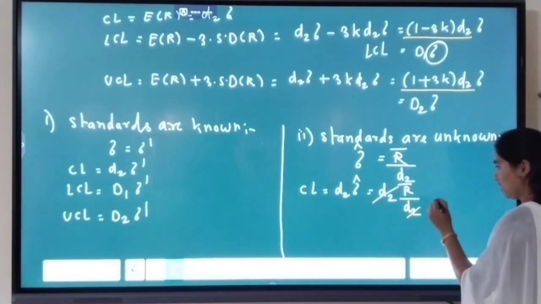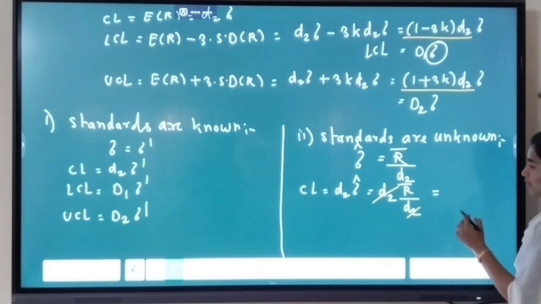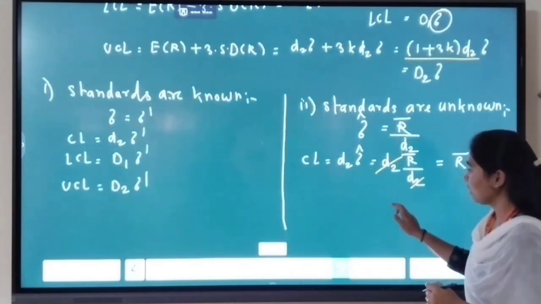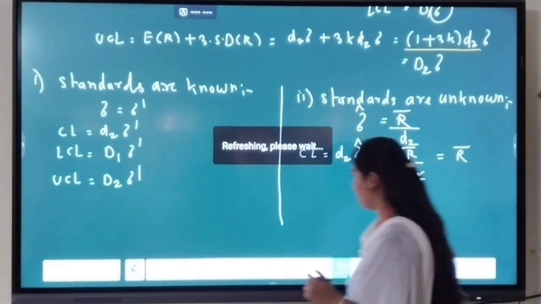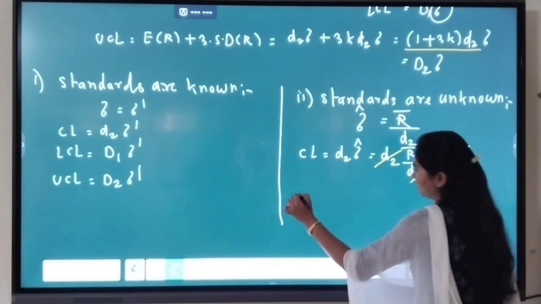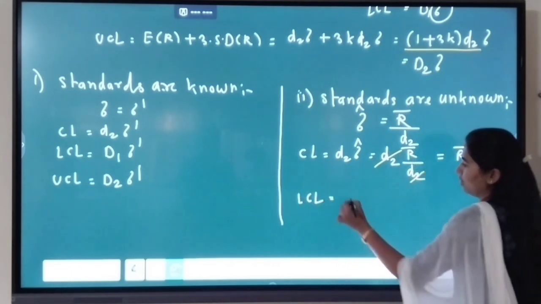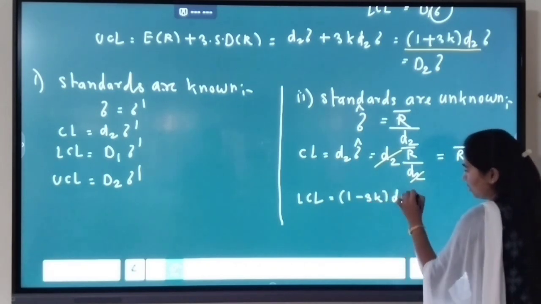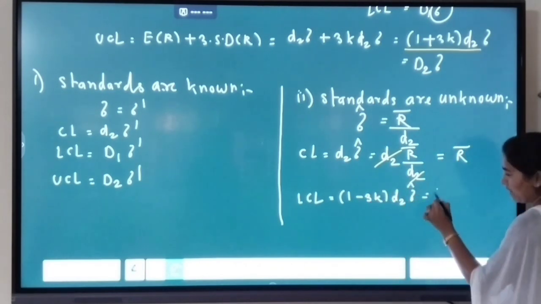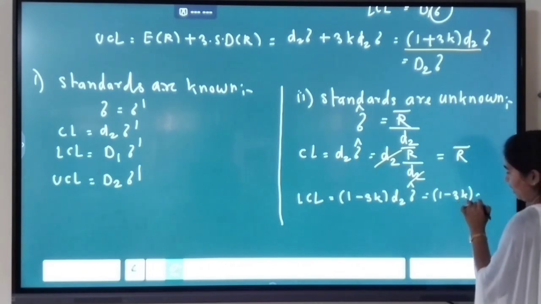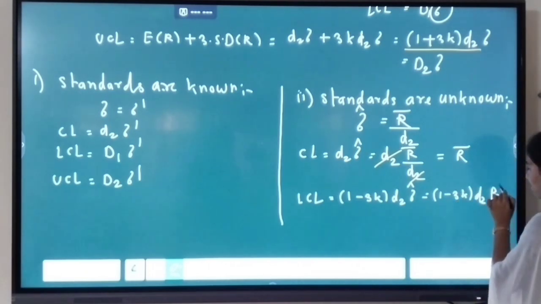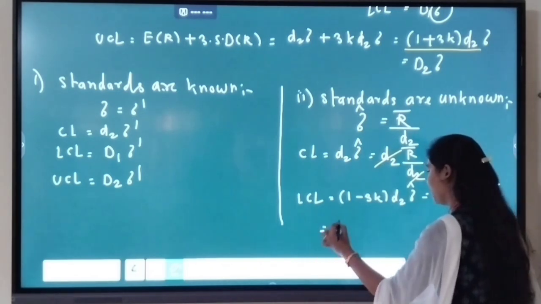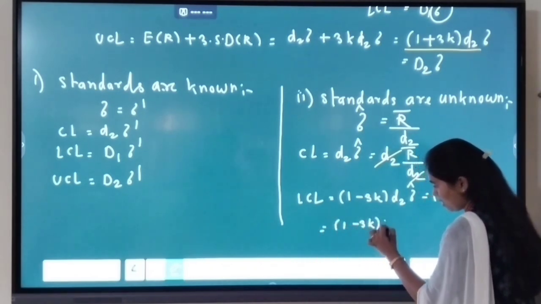Again d2 gets cancelled, and the central line of the R control chart is R bar. Next we find the lower and upper control limits. LCL is (1 minus 3k) d2 sigma hat, which is (1 minus 3k) d2 times R bar upon d2. Again d2 gets cancelled, and we get (1 minus 3k) R bar.